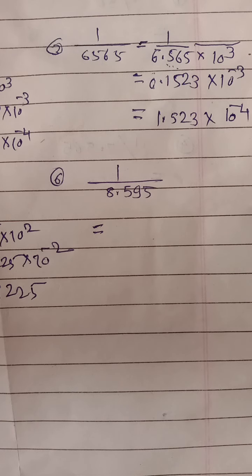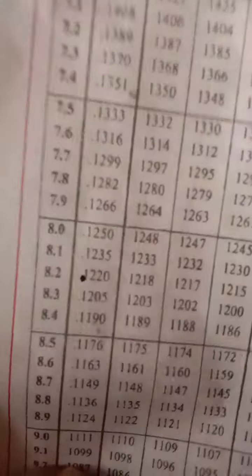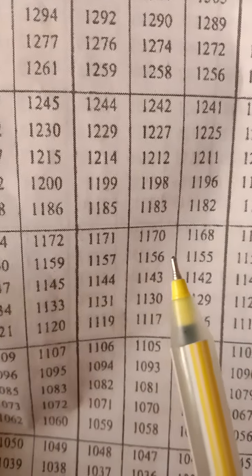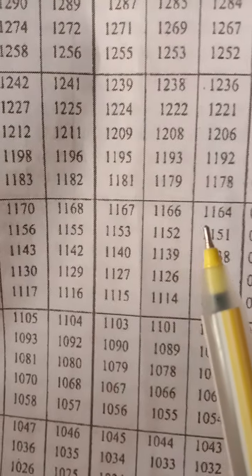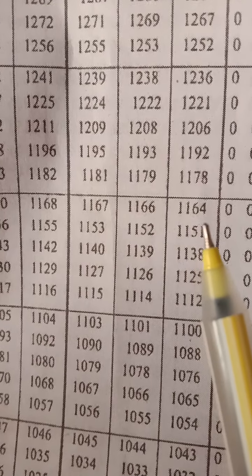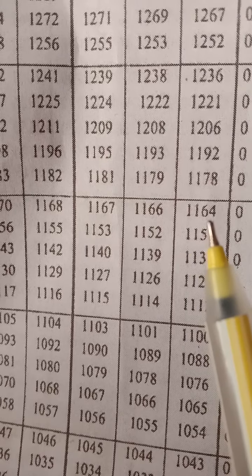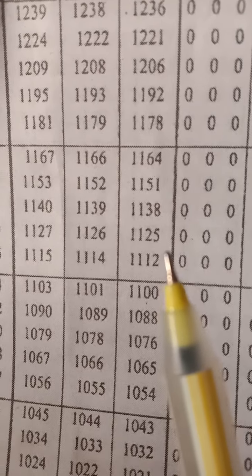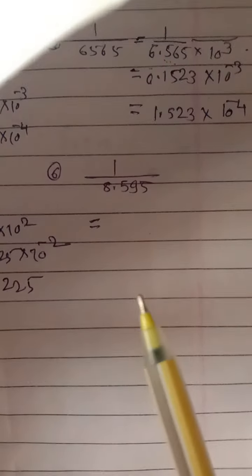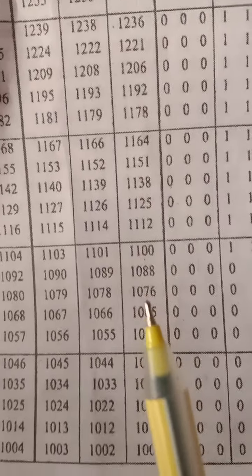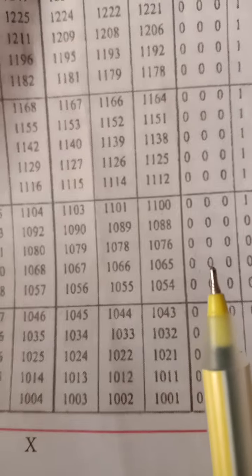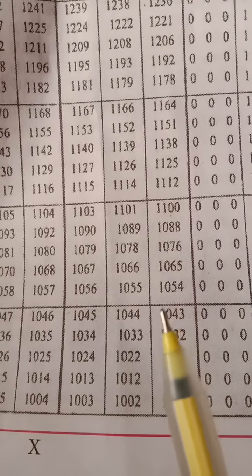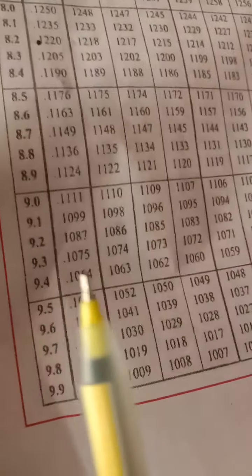For this 8.5 in the ninth column, that is the last column, it is 1164, and we have to subtract the mean difference from the fifth column. Here it is, for this 8.5.